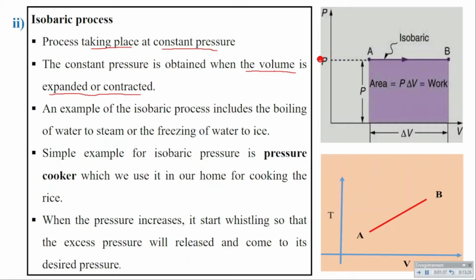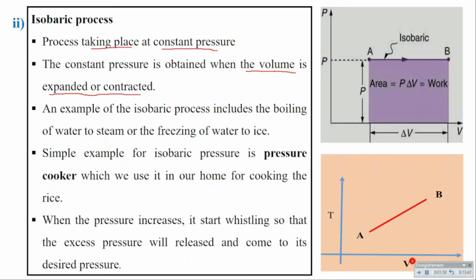So here we have a diagram. For an isobaric process, the pressure should remain constant. From A to B, the pressure remains constant. That is an isobaric process, but the volume is changing. The pressure remains constant from A to B, while the volume is increasing.